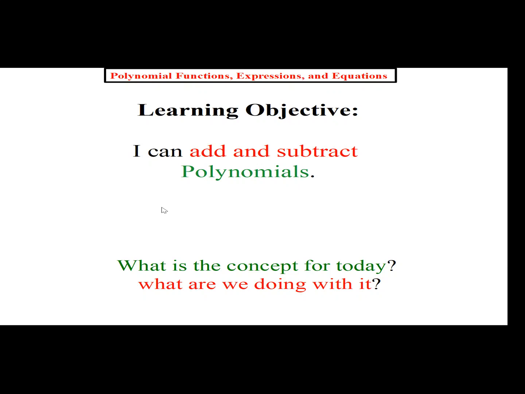I can add and subtract polynomials. It's going to go fairly quick. Check this out like this. Watch. That quick. You guys see that? All right, good. So I can add and subtract polynomials.